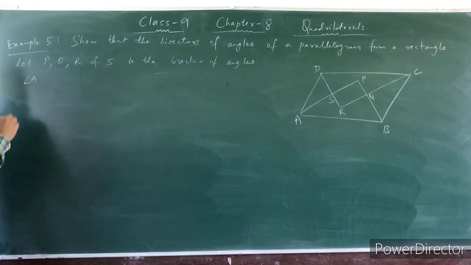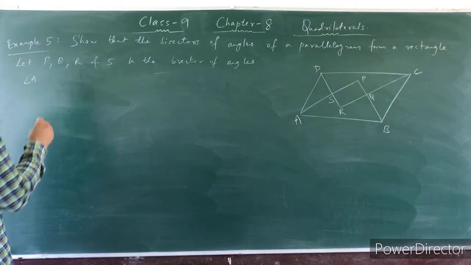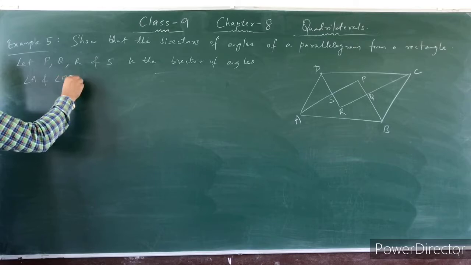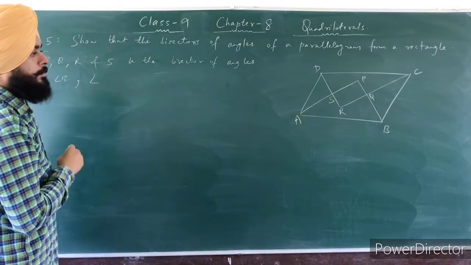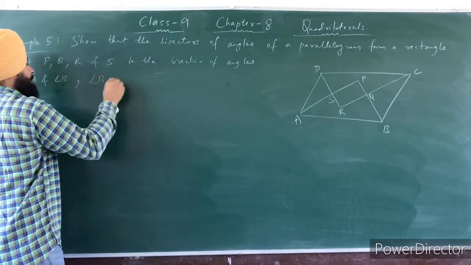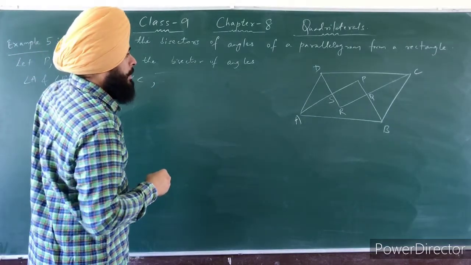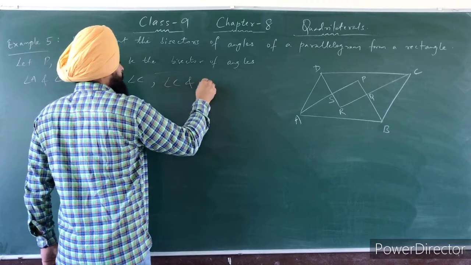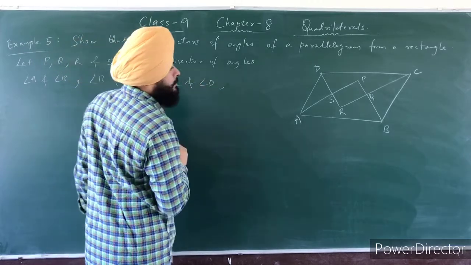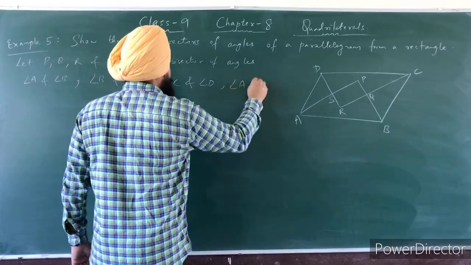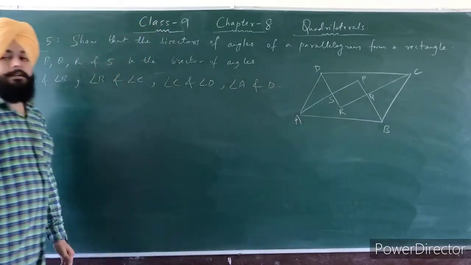P is the bisector of angle A and angle B. Q is the bisector of angle B and angle C. R is the bisector of angle C and angle D. And the last one, S, is the bisector of angle A and angle D respectively.